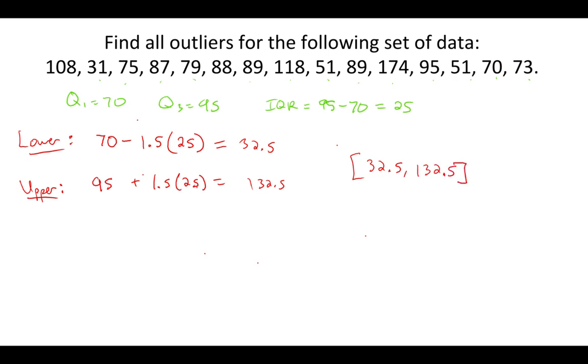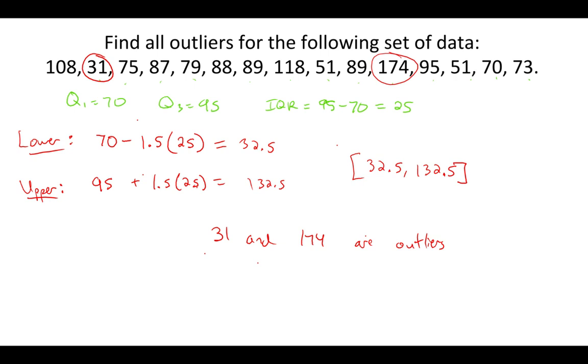We're looking for numbers that are below 32.5 or above 132.5. I'm going to go through and circle them. Below would be here, 31. And above, it looks like we've got 174. I think that's it, I didn't miss any. So we've got 2 outliers, one below and one above: 31 and 174 are outliers.